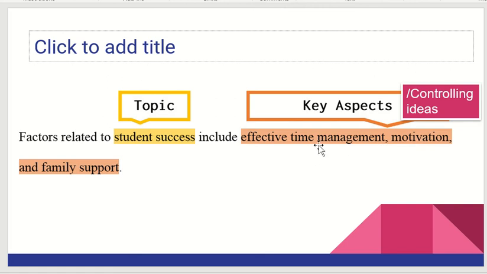So if you want to write a 5-paragraph essay, include three main ideas or three body paragraphs, three controlling ideas. If you want to write only four paragraphs of essay, you just have to include two controlling ideas. Factors related to student success include effective time management and motivation. Full stop.